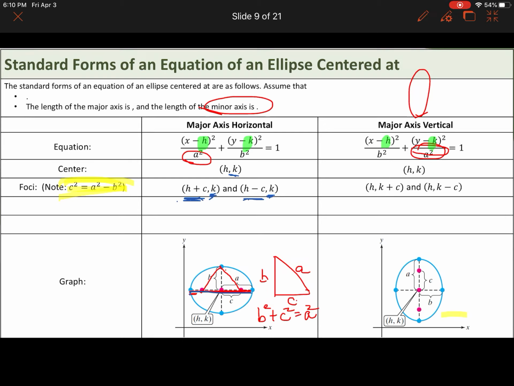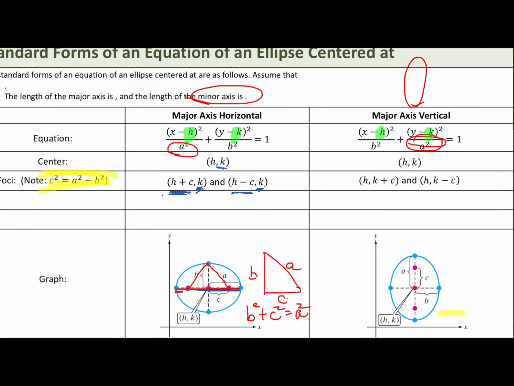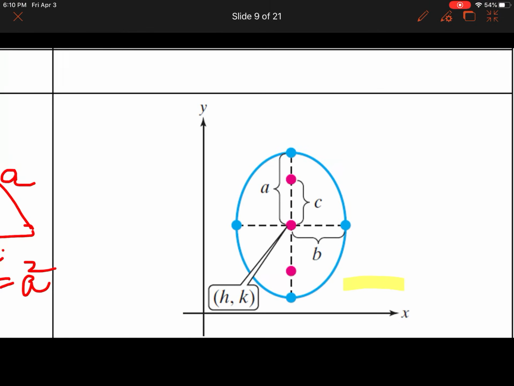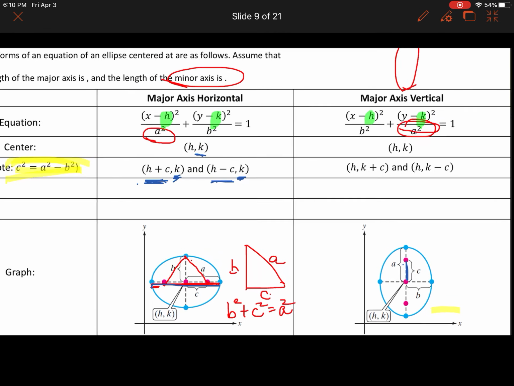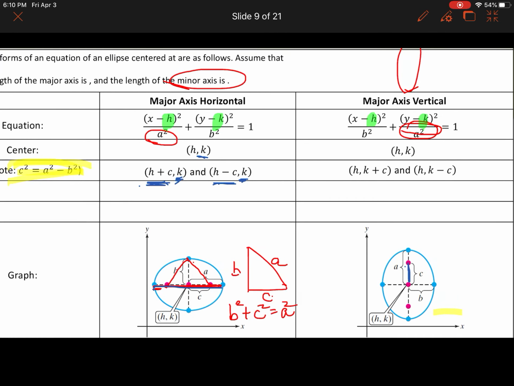So when we are going vertically, then as you can see down here, we start at the center, and we're going up C, right? So the x value is the same, but then we change the y value to go up or down, depending on which one we want, right?